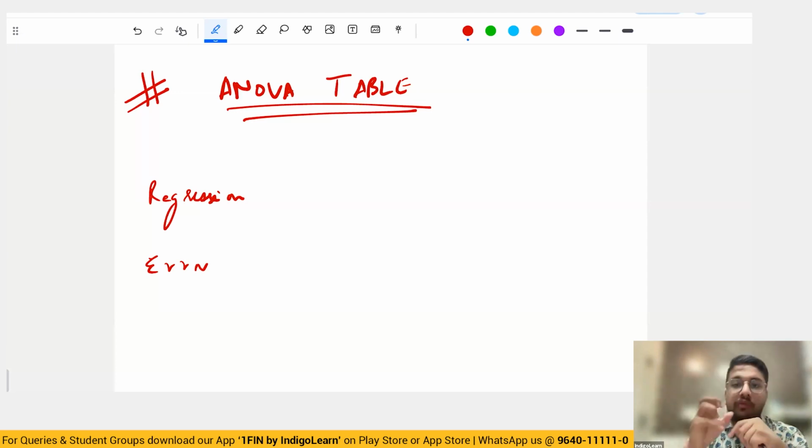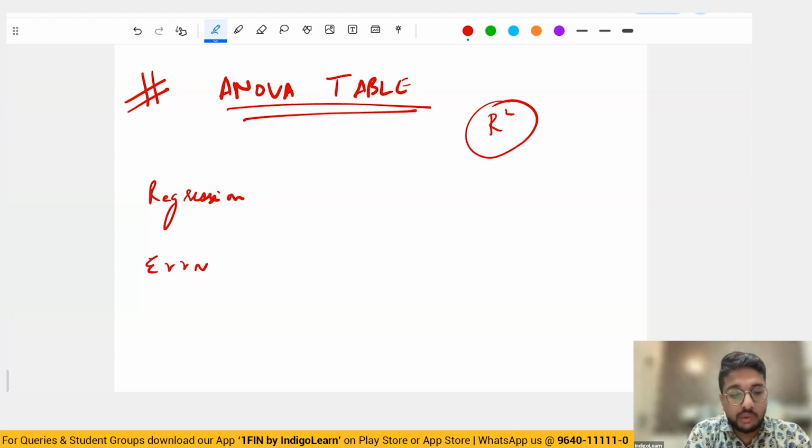In the total variation, what is the explained component and what is the unexplained component, and accordingly understand whether the model that we're using is a good fit or not a good fit. And we used to calculate something called R square also.